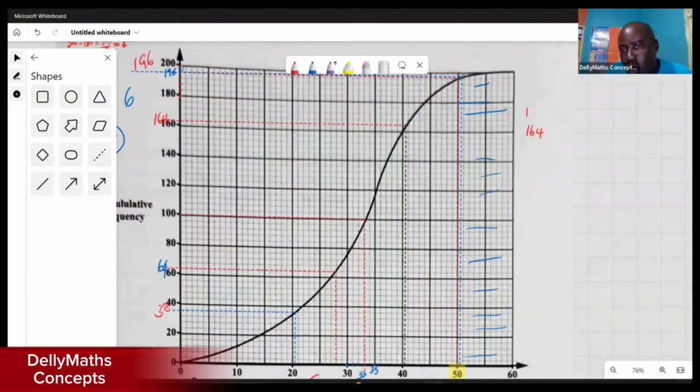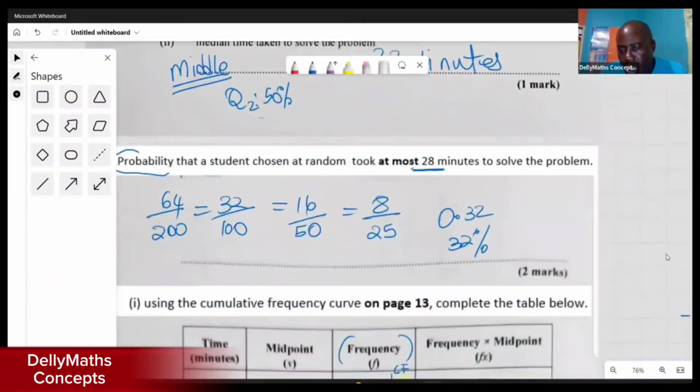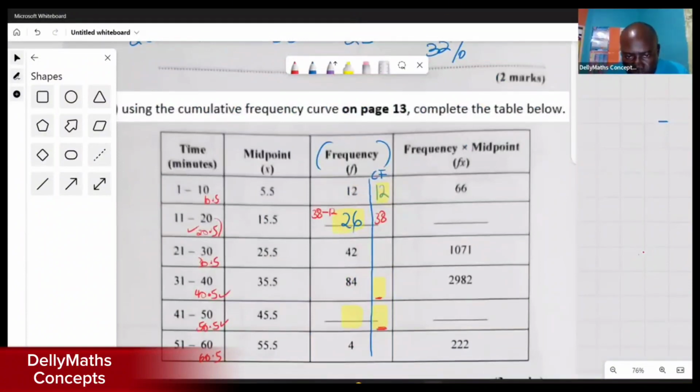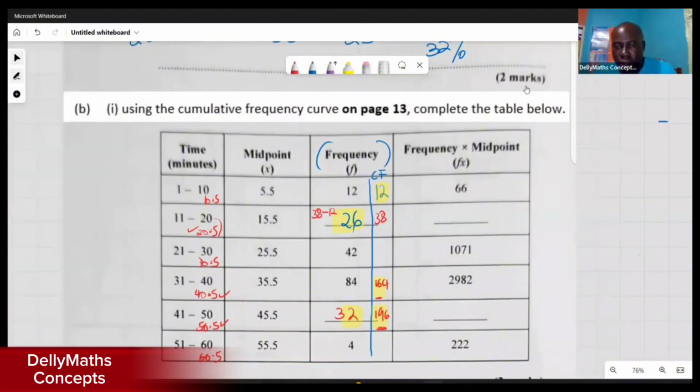So let's subtract these. 196 minus 164, I'm getting 32. So that's going to be a 32 right there. So remember, you find two consecutive cumulative frequencies, subtract them, and you get the frequency. So this one was 164, 196. When we subtract them, you get 32 right there. So there it is. We have completed that.